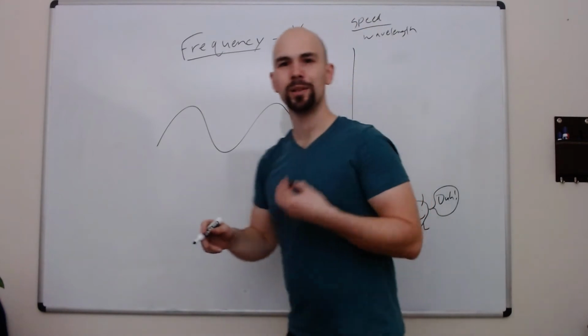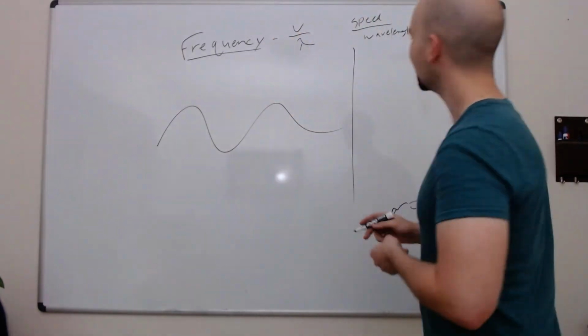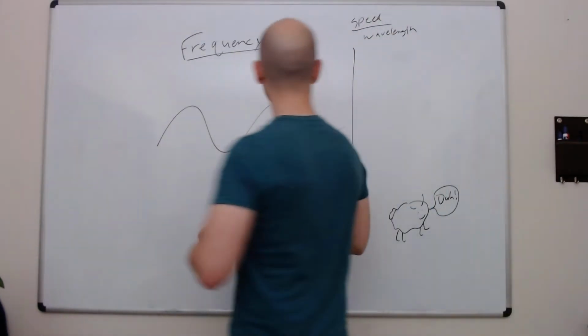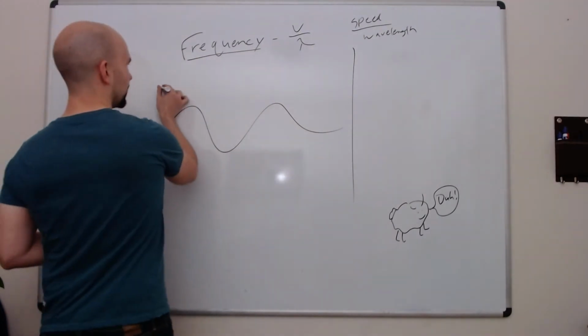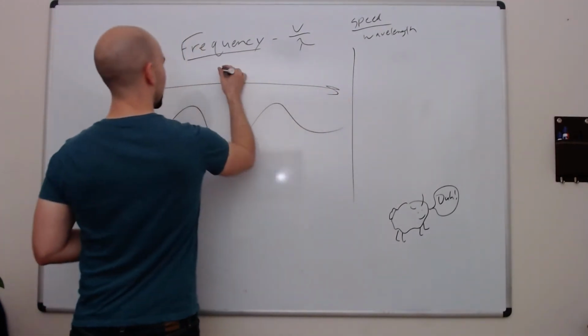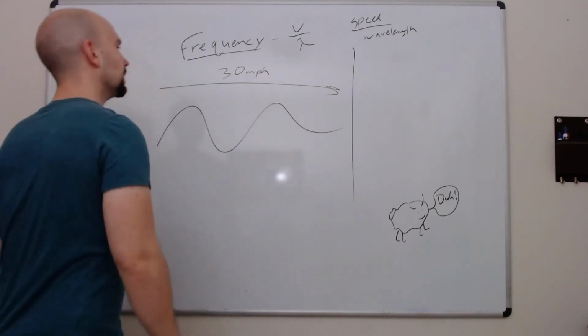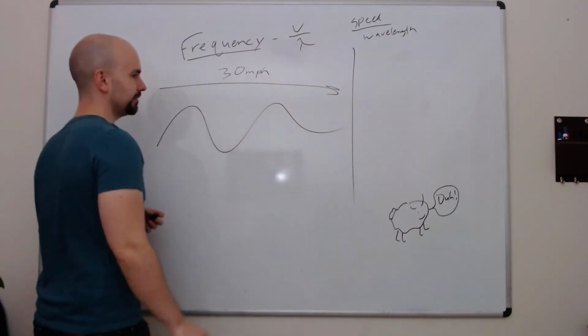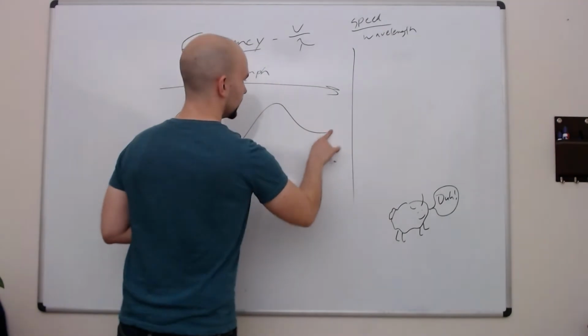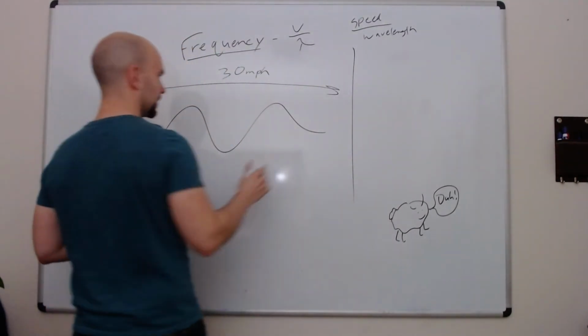So imagine you have waves in an ocean. And the wave, let's just make up a number. We'll say this wave is propagating at 30 miles per hour. How many wavelengths are in this wave? Let's stop it from looking too complicated.